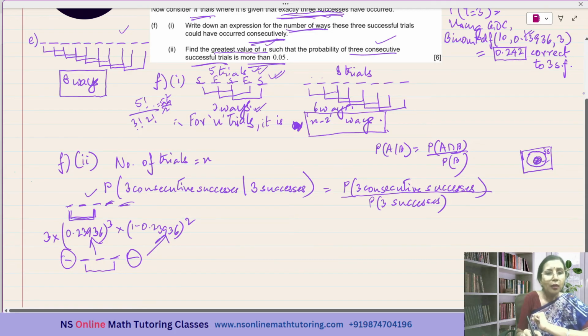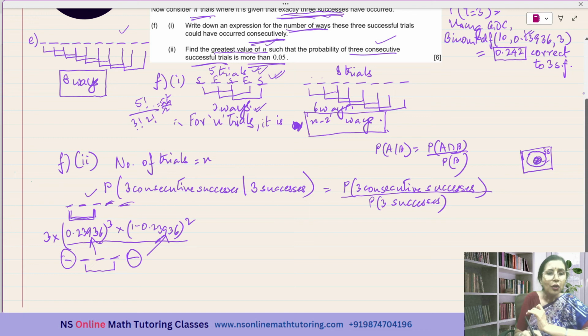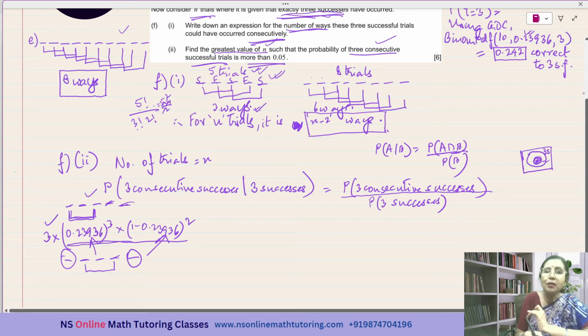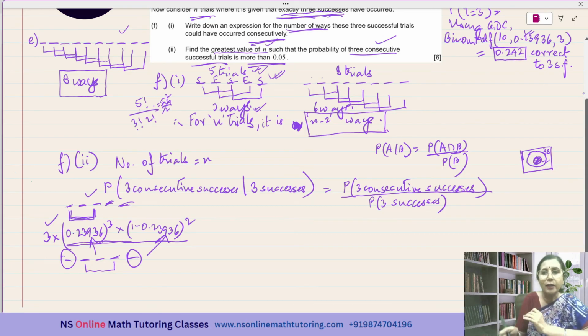Okay. So for every possibility, we will be having this product. And how many options are we having? 3 options. So this will get multiplied by 3. Clear?